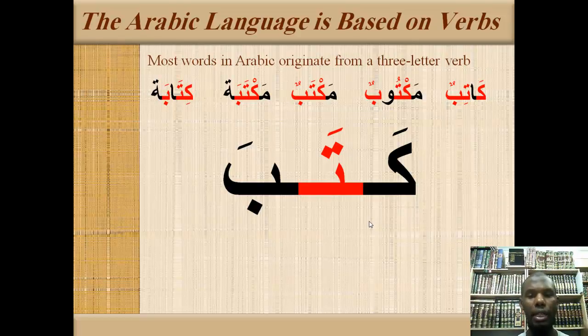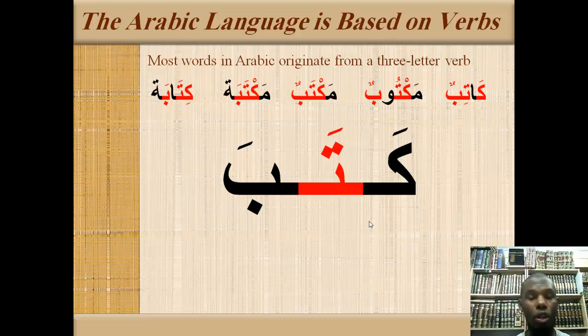Now you'll notice that each of these 5 words has that root ketaba inside, but certain changes have happened to the word, and those changes actually affect the meaning of the word. So if you can understand what those changes mean, and you know the word ketaba means he wrote, then you can figure out what the word would mean.